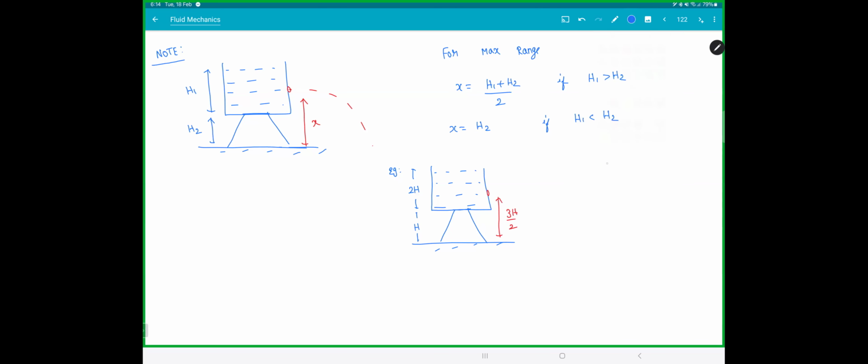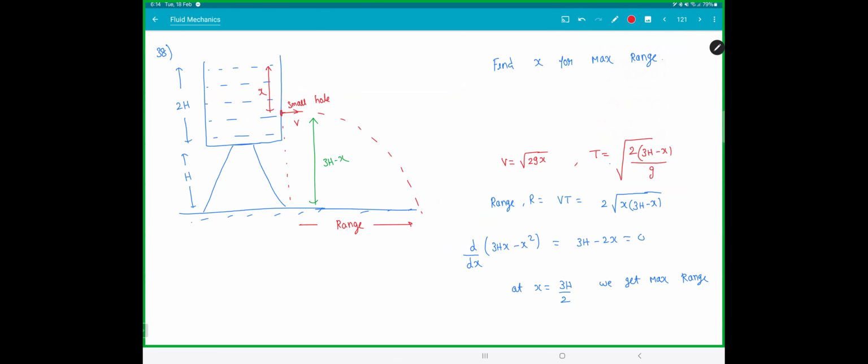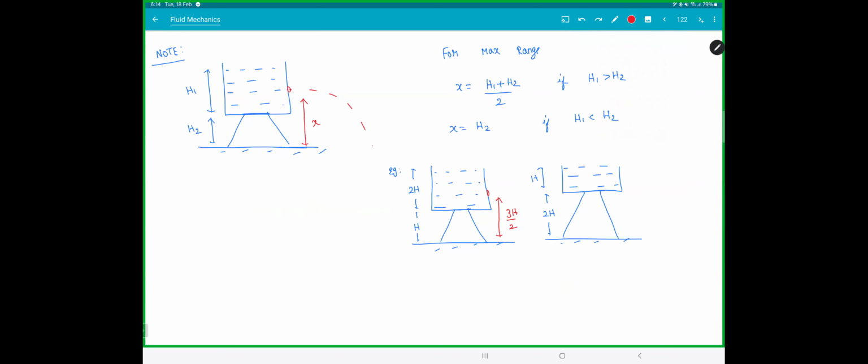But if I take the reverse, now where is 3h by 2? The midpoint, right? Now you need to understand max doesn't care. For max, it is simply a function, isn't it? When you differentiated this, you're asking what is the value of x for maximum range. So max doesn't know what you're talking about.